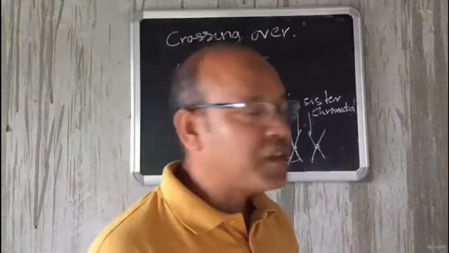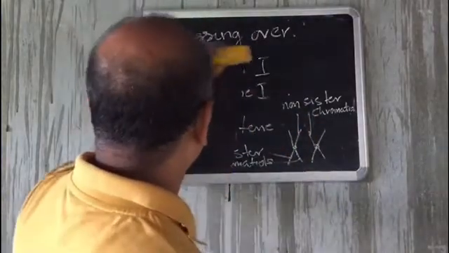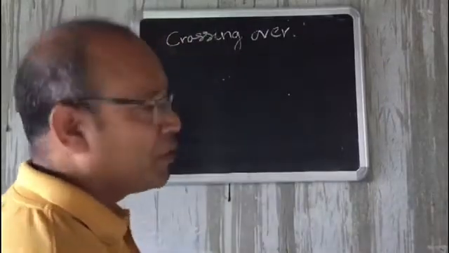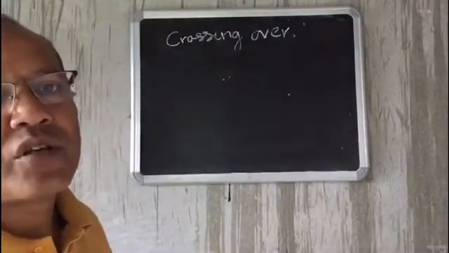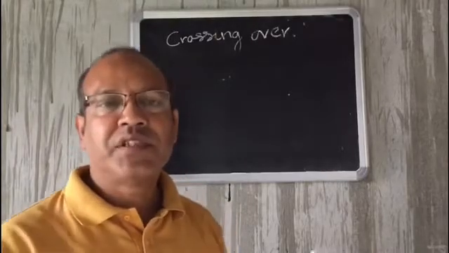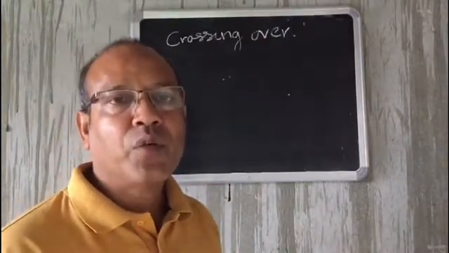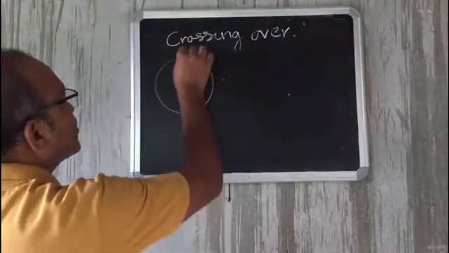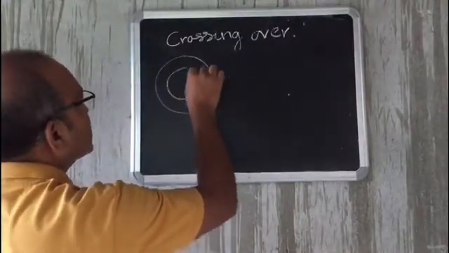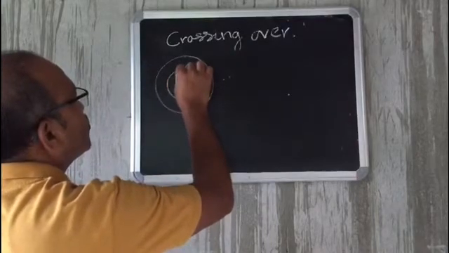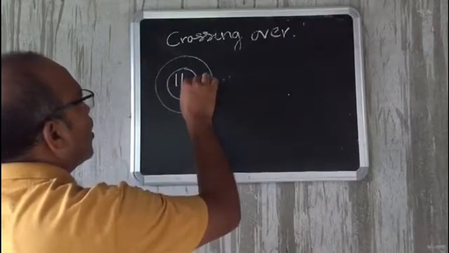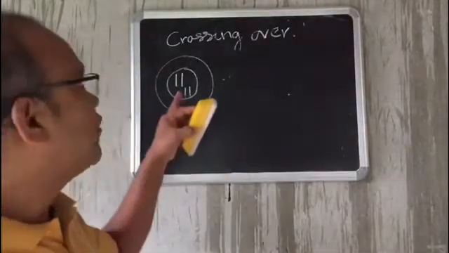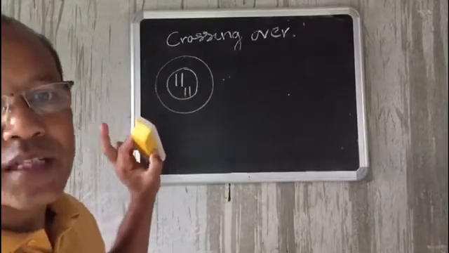Now when crossing over takes place, let us understand it with the help of a diagram. When we're talking about crossing over, we're basically talking about the nuclear activities that take place inside the nucleus with the chromosomes. Let's take for example a cell with a nucleus and it has two chromosomes, a chromosomal pair. They are in which stage right now? They are in monads.